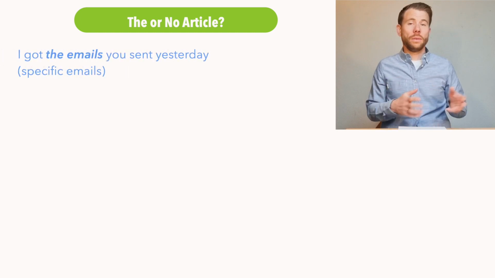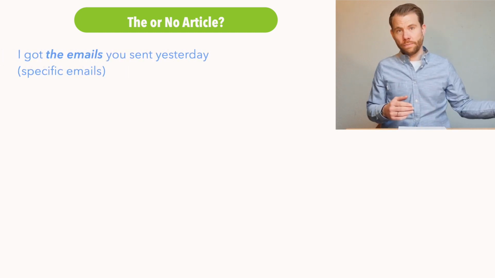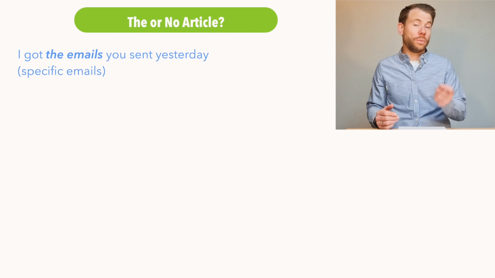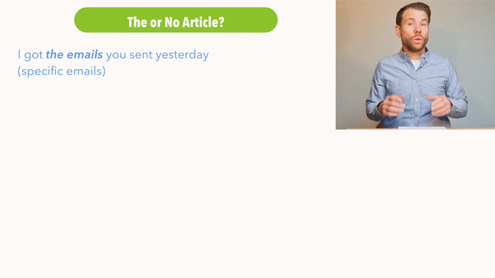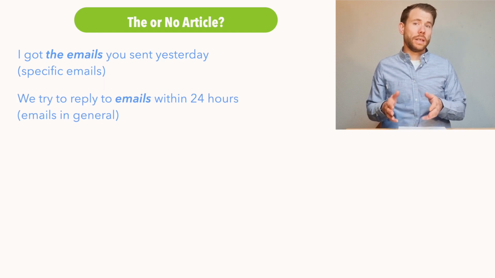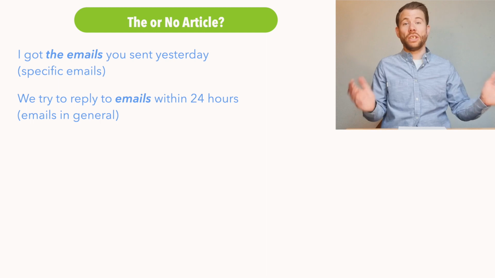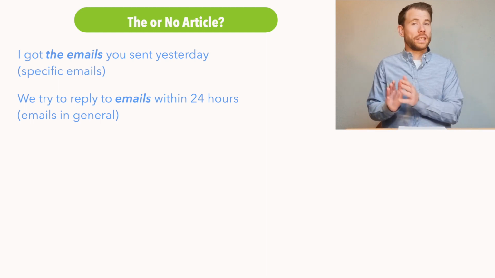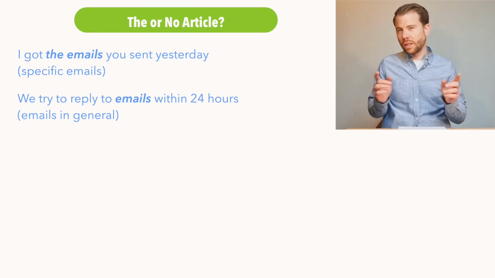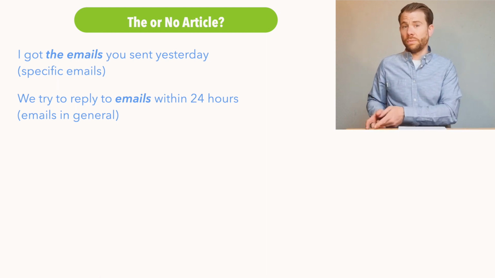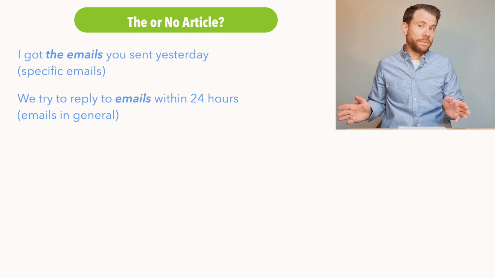I got the emails you sent yesterday. We need the definite article because we know which emails you're referring to. But we try to reply to emails within 24 hours. Here we're speaking generally. We're not speaking about a specific set of emails. We're speaking about all emails in general, so there's no definite article. No article at all, in fact.